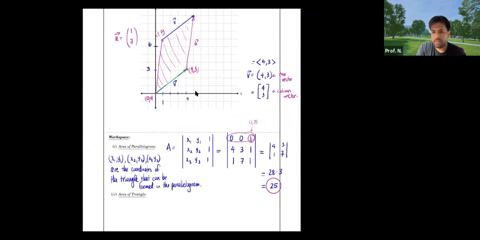Why would it be negative 25? The negative 1 to the i plus j, right? The i plus j here is 1 plus 3, it's 4. So negative 1 to the 4th power would be positive.